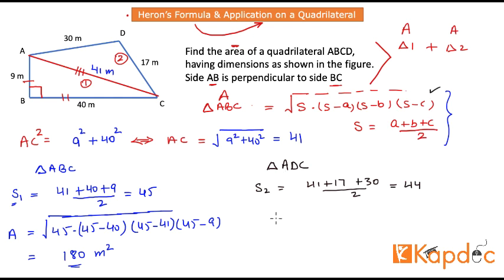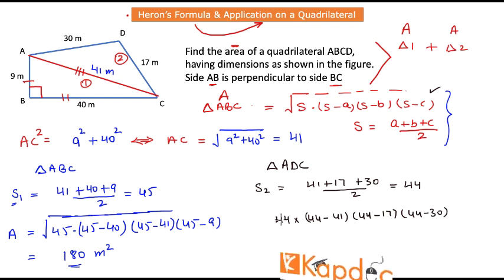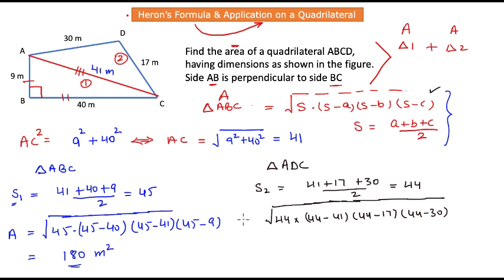The area is equal to the square root of 44 times (44 minus 41), then (44 minus 17), and then (44 minus 30), right? This entire product of a few numbers is under a square root, and this is equal to the area. When you calculate this, the entire product after the square root results in a value equal to 223.4 meters square.